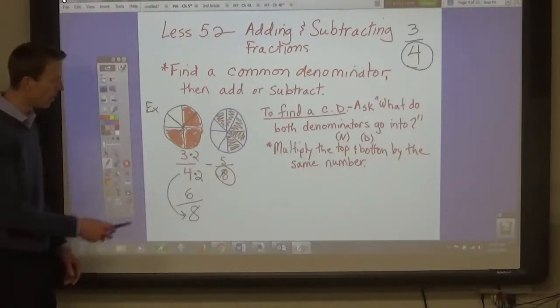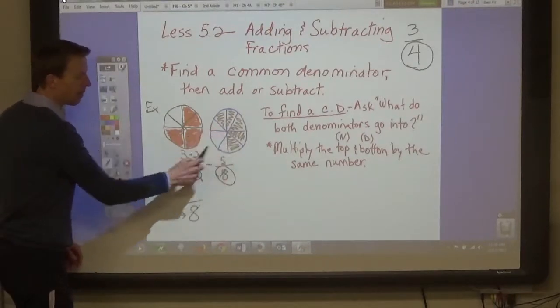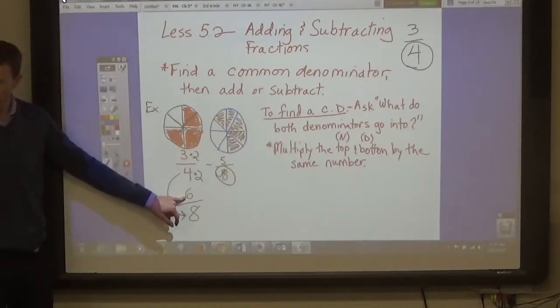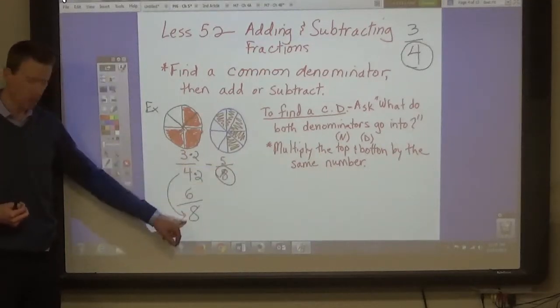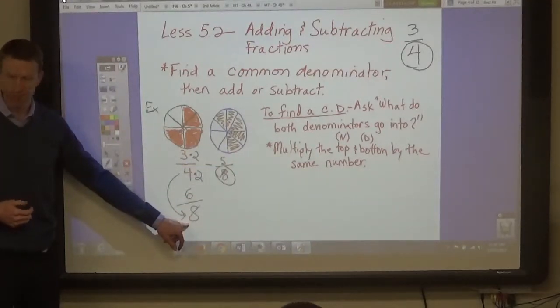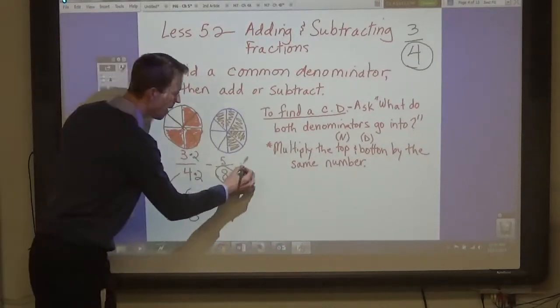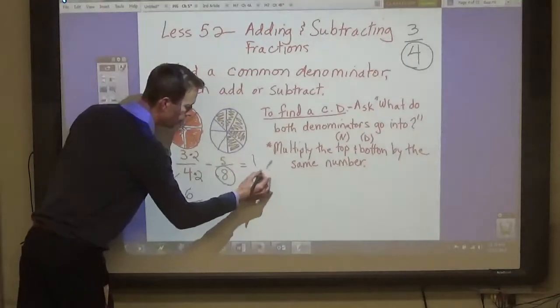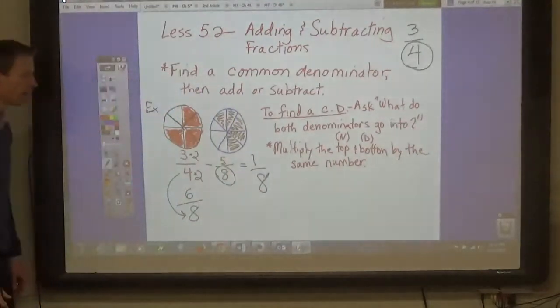Okay? Now, if we have 6/8, can we take away 5? But you have 6, can you take away 5? Yes. Yeah, you can take away 5/8 because 6/8 minus 5/8 equals 1/8 left. We have 1/8 left.